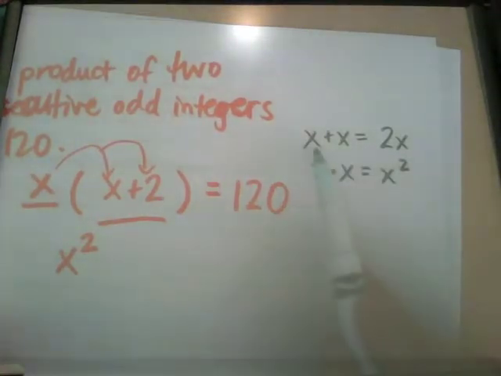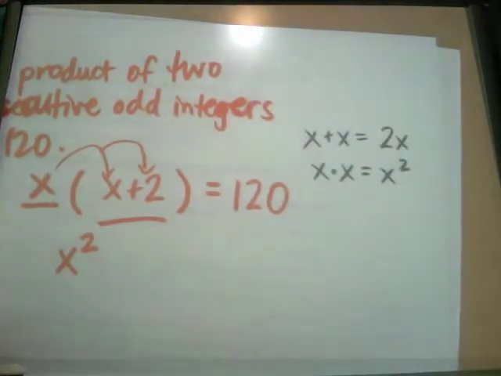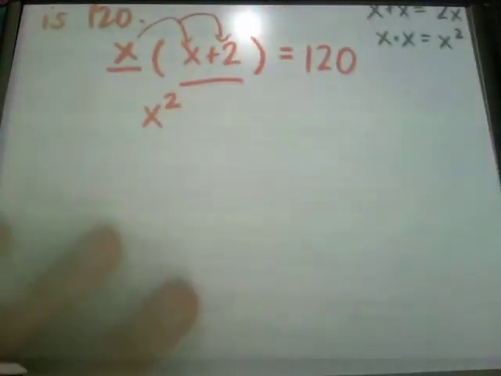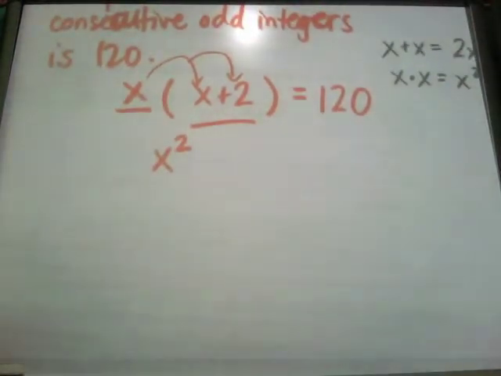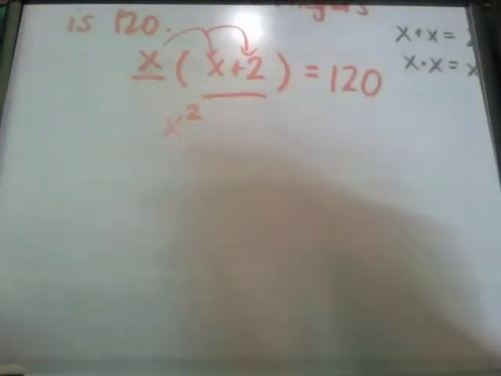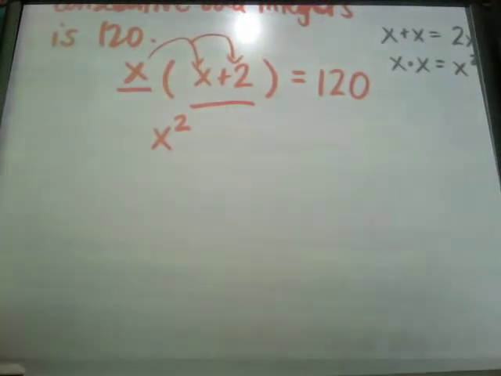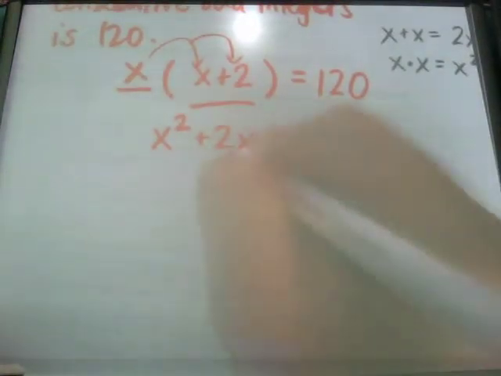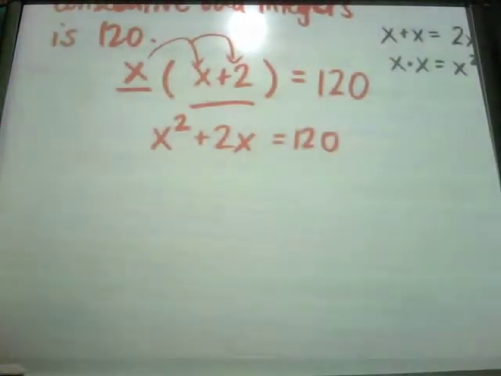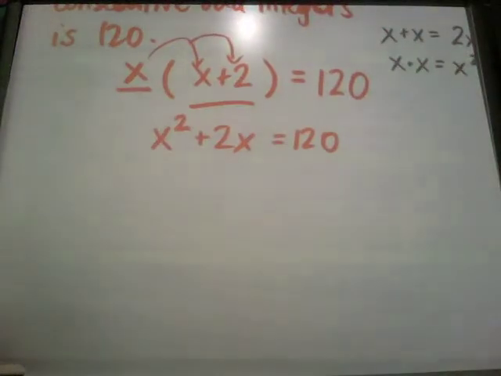If x was 5, 5 plus 5, or 2 times 5, that's 10. 5 times 5, that's 25. They are different answers. So X times x, x squared. X times 2. Jim, there's the 2x.